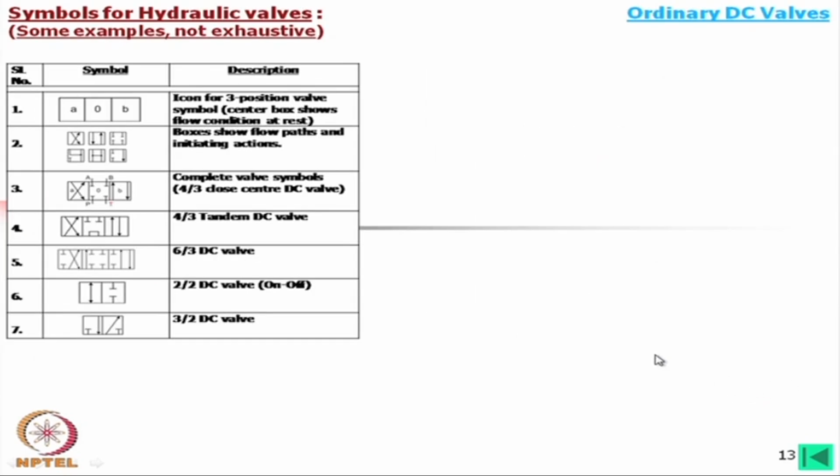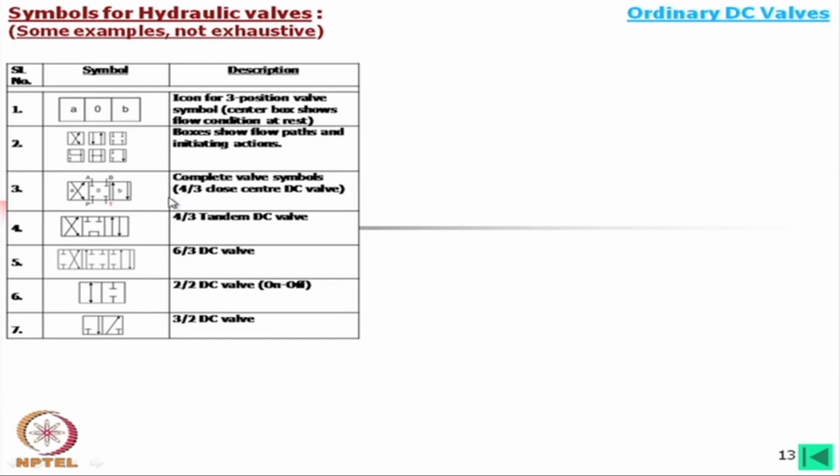Now, hydraulic valves, particularly direction control valves, as we learned earlier in the second lecture, first of all we can have 3 icons like this. In those icons, the intermediate one is 0, that means this is the neutral position. A is one operating condition, B is another operating condition.